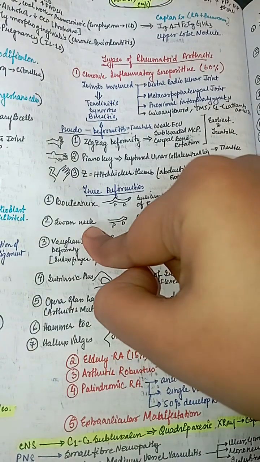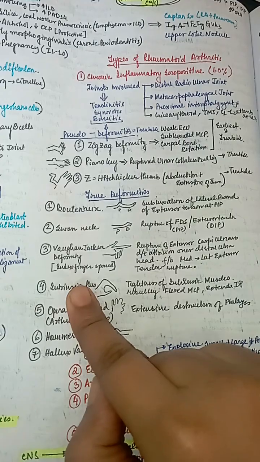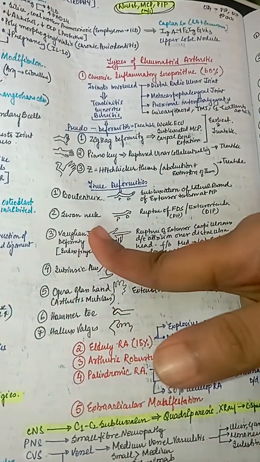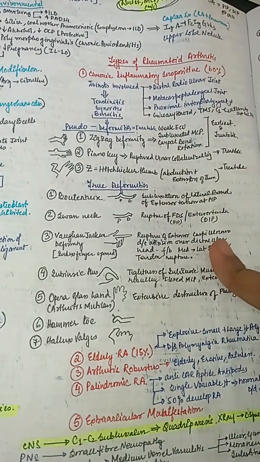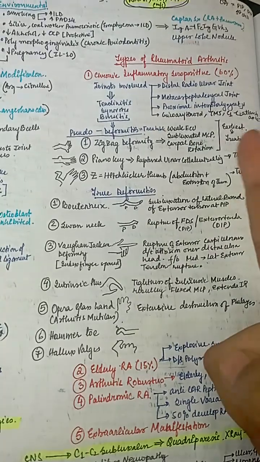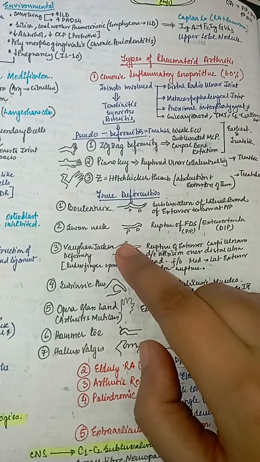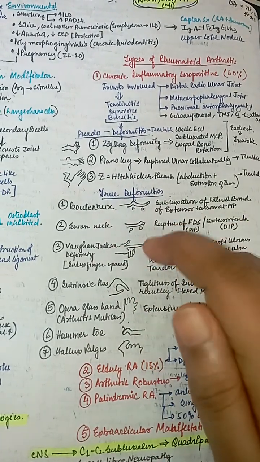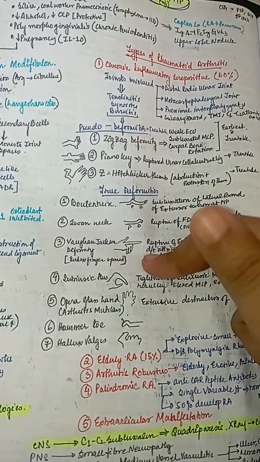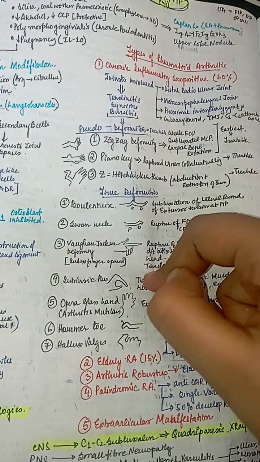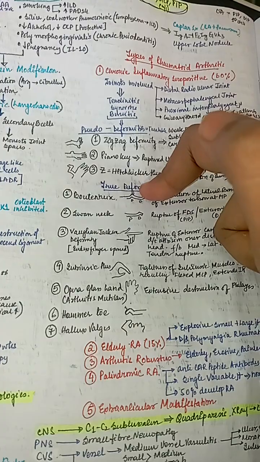This is the Boutonniere's deformity at the PIP joint. Extension is not happening here and extension is happening here. So this is the Boutonniere's deformity.